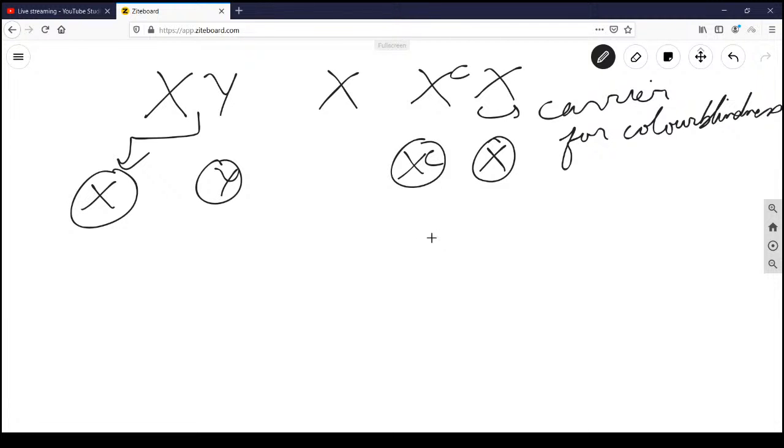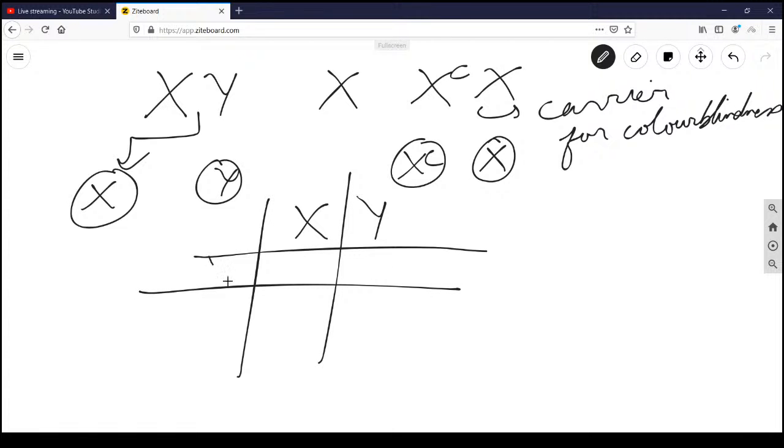And then when we cross these, XY with XCX, let's cross it. You will get XXC, XCY, then you will get XX completely normal, then you will get XY.